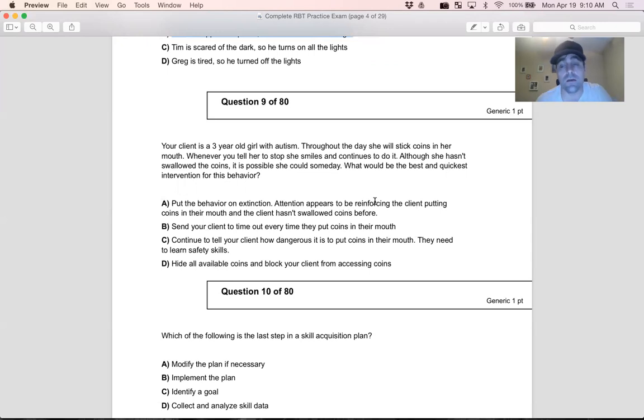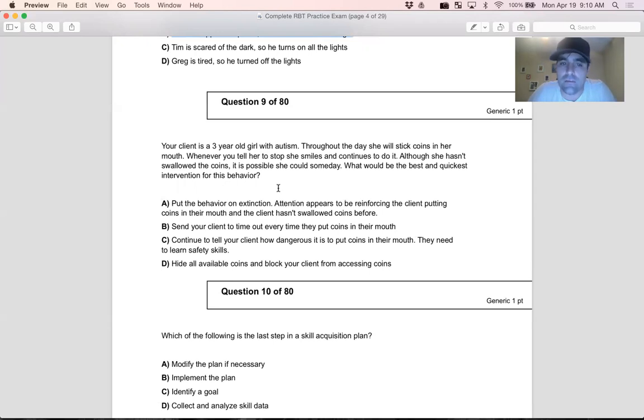Now think about it. Yes, it appears attention might be the function here. But is it a good idea to put this behavior on extinction, which in this case would be not telling her anything when she puts coins in her mouth? Is that a good idea? No. There's a lot of concerns there, safety concerns, ethical concerns.